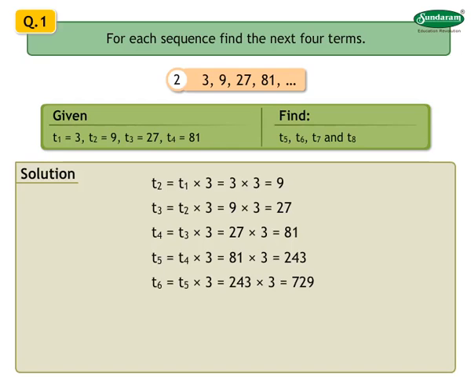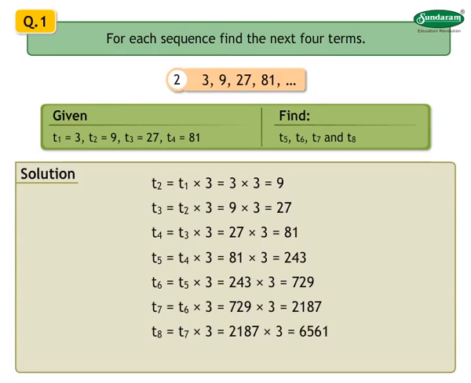T6 is equal to T5 into 3 is equal to 243 into 3 is equal to 729. T7 is equal to T6 into 3 is equal to 729 into 3 is equal to 2187.